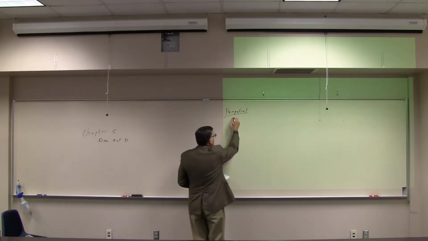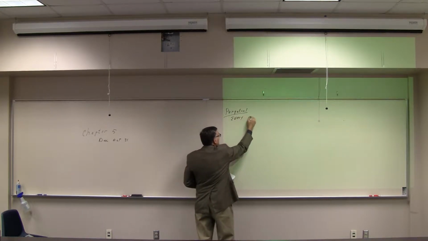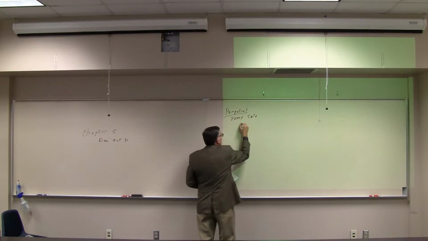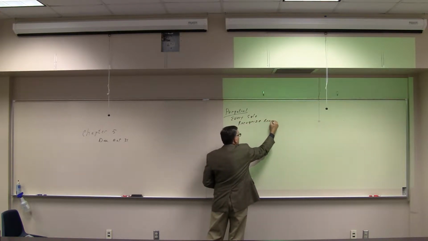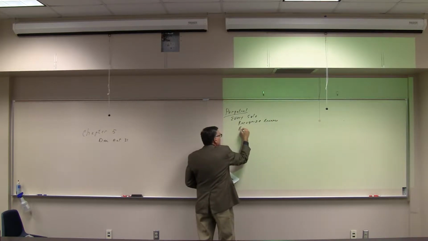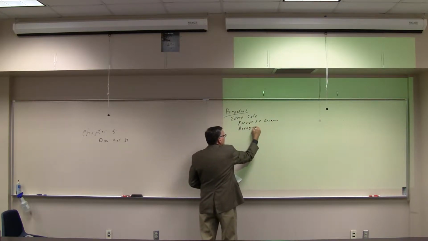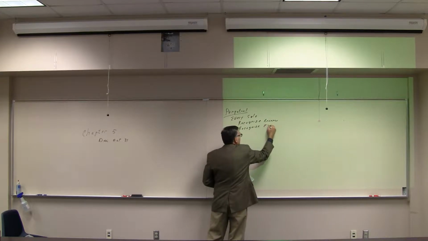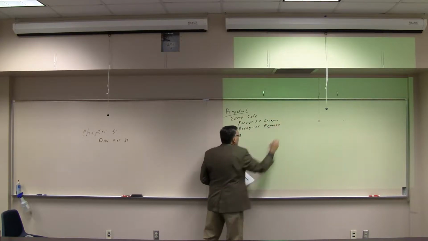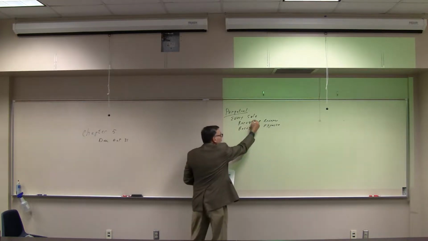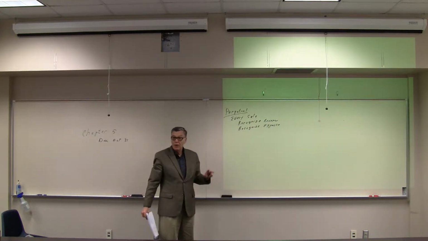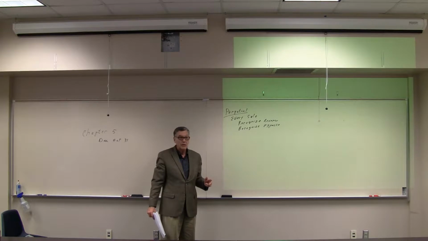Now, on the perpetual system, every sale, you recognize revenue and you recognize expense. So every sale on the perpetual system, you recognize the revenue and you recognize the expense. So all the revenue and expense accounts are updated every sale.